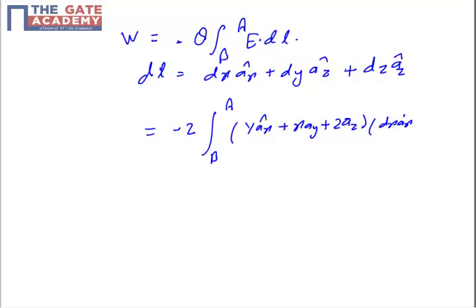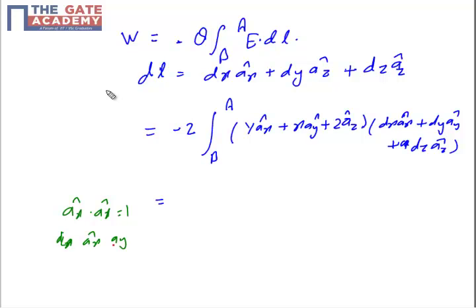Okay, put the cap everywhere, plus dy ay plus dz az. Okay, make the dot product, and we know that ax dot ax is 1 and ax dot ay is 0 and ay dot az is 0.